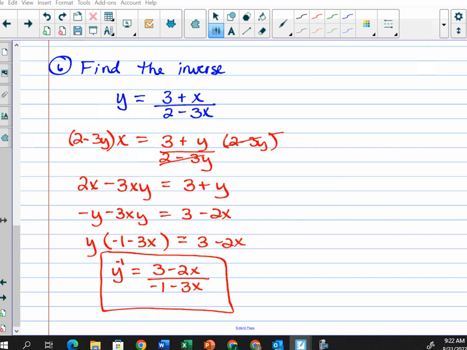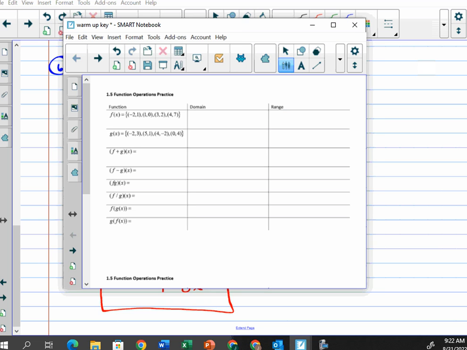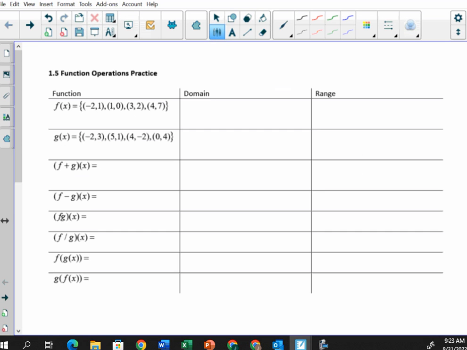All right, any questions before we do this practice problem? Okay. I've got it copied for you, so don't start writing this down.